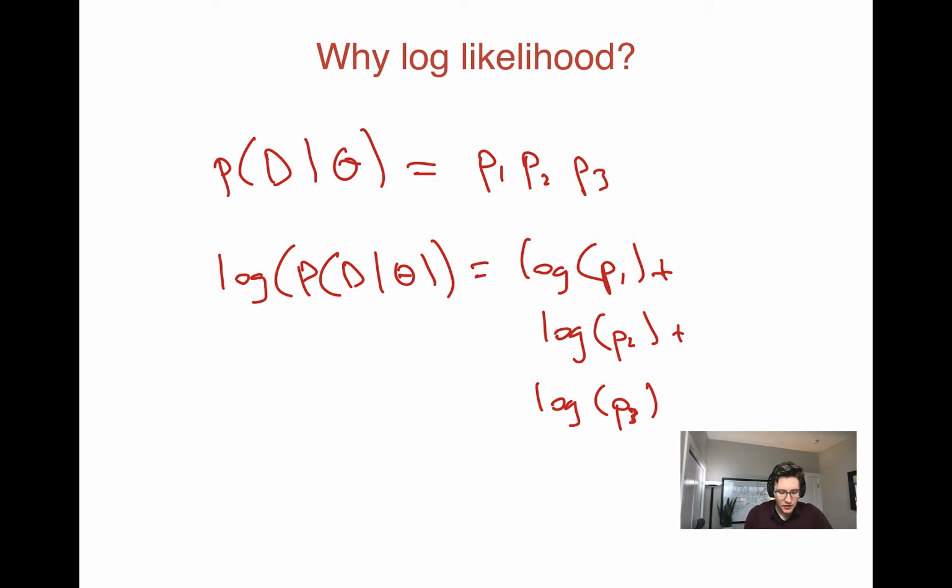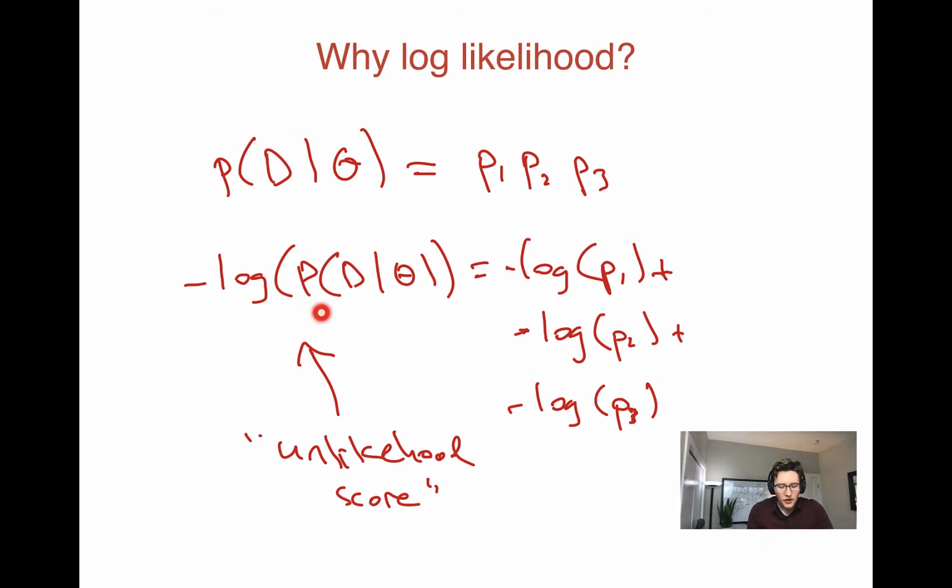And by the way, we almost always use the negative log likelihood. The reason for that is that probabilities are always less than 1, so their logs are always negative. Since it's maybe more intuitive to deal with positive numbers than negative numbers all the time, we usually use the negative of the log likelihood.